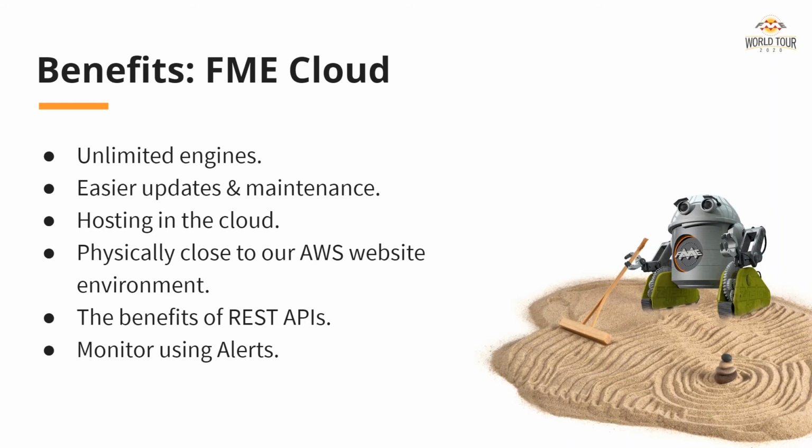There's also the added advantage that with FME Cloud running and managed by Safe, you don't have to worry about security updates. They're pushed through automatically. You don't have root access to that server, so there's not really much you can break, and it's really one less server that you have to maintain.